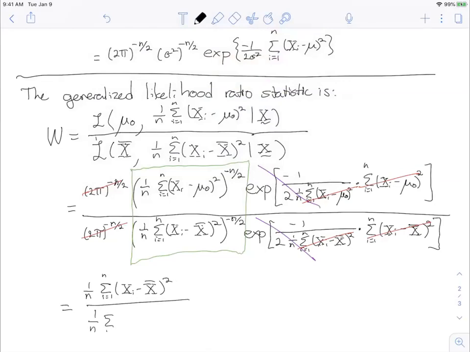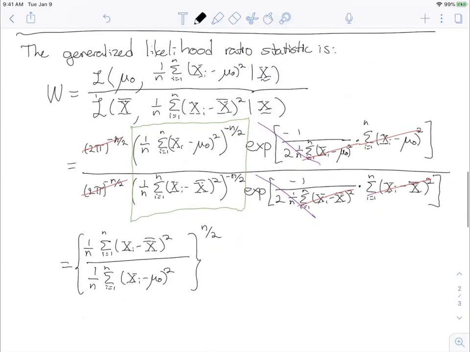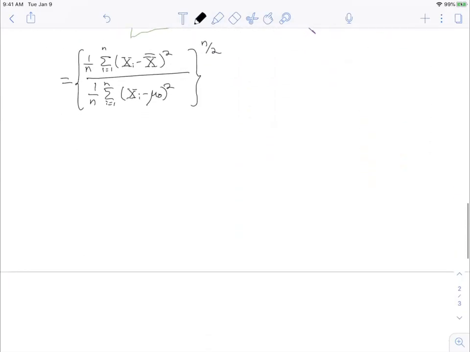And now for the denominator, xi minus mu0 squared. And while we're at it, I've got a thing in the numerator and denominator with the same exponent, so let's just say that I can group those and have an exponent of n over 2. All right, so this is the form for our likelihood ratio statistic, and we are now ready to calculate a p-value.